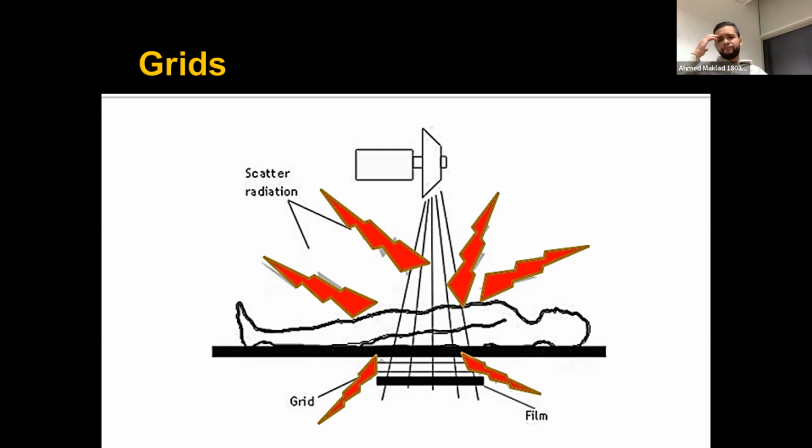Grids, the teacher didn't explain it. The professor didn't explain it to us in our batch, or to any of the previous batches. And honestly, I didn't bother researching it. Did the professor talk about this to you guys? Because if she did, in tomorrow's session, inshallah, I'll just explain it real quick.